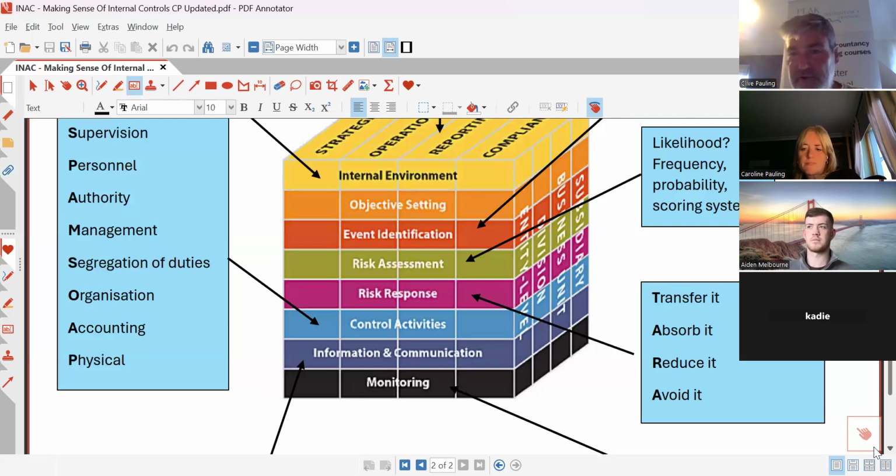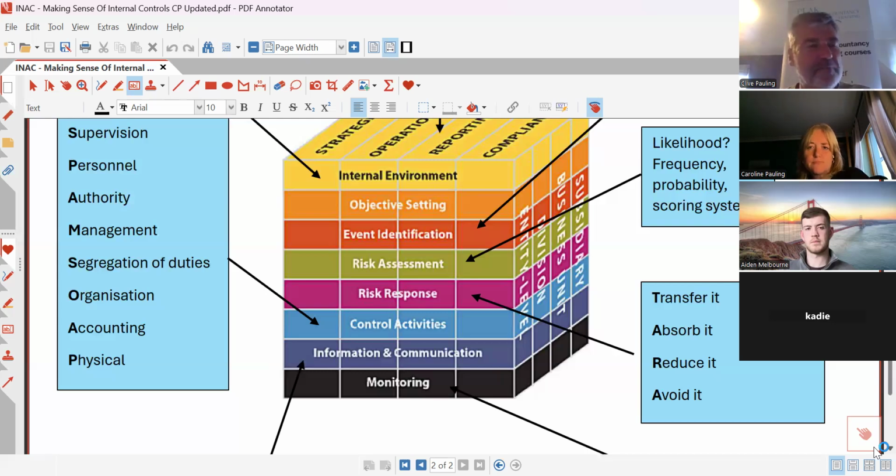Authority. Who should have the authority to make decisions? If you're talking finance and you're looking at finance systems, in the exam it's going to be practical things around, okay, accounts payable systems, for example. Who's got the authority to authorize that BACS run that goes out?